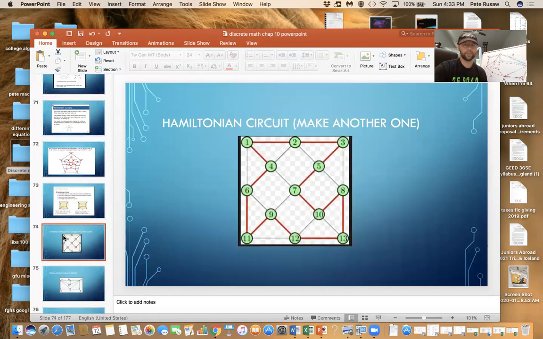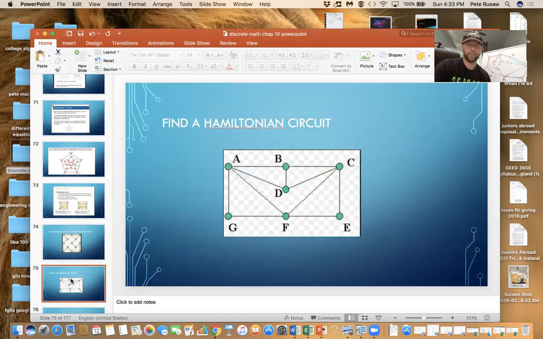Here's another example of a Hamilton circuit. You cover all the vertices, you visit them all, but not all of the edges, which means the red subgraph has vertices with degree 2. You can practice this one if you want to. This is actually pretty easy.